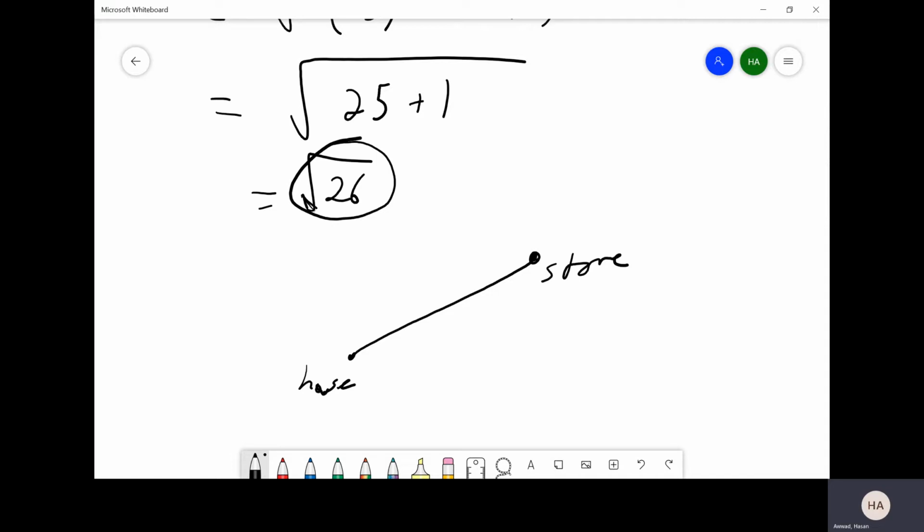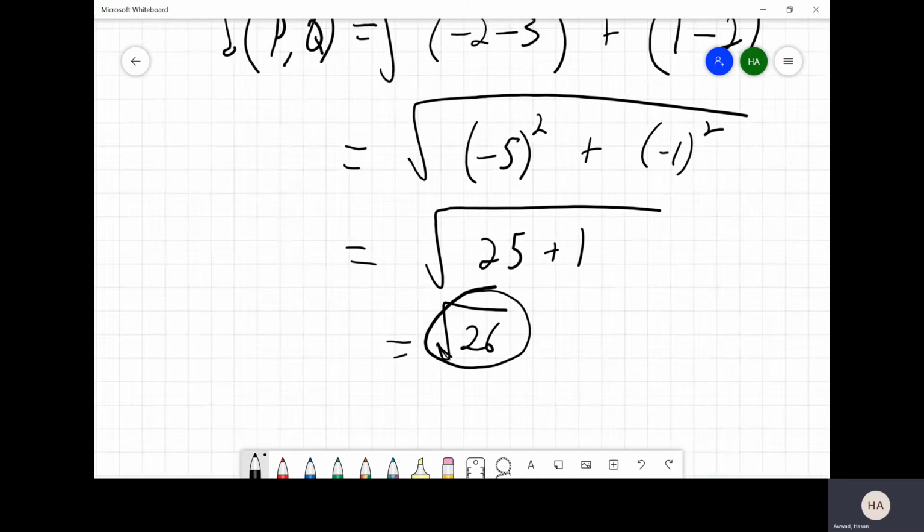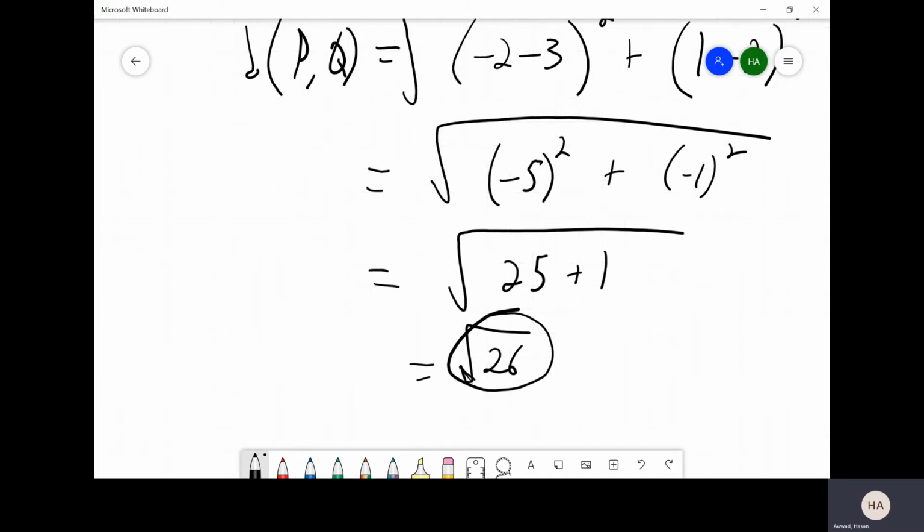You're talking about the distance it takes from your house to the store. So in this case, if this were P and Q, the distance would be square root of 26, so square root of 26 miles, or whatever unit you were talking about. Again, I really just want to note that you're getting a particular value here, not a particular point back.